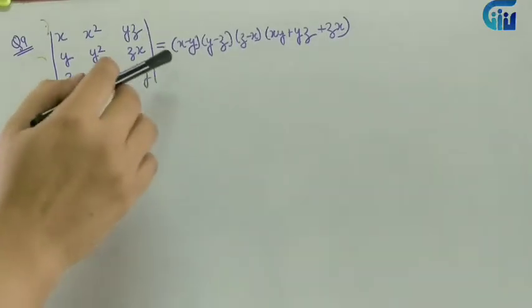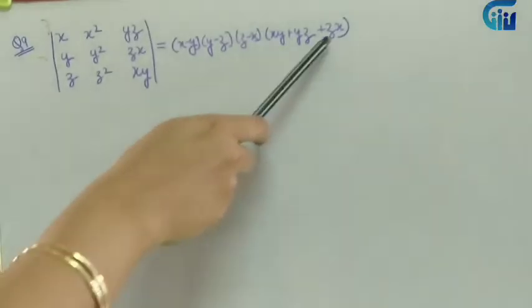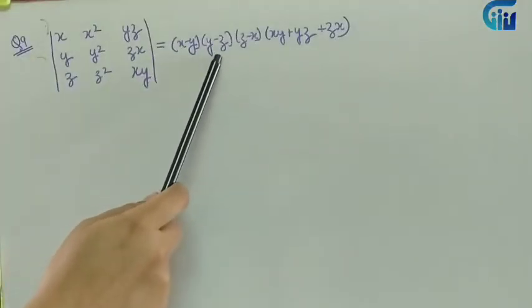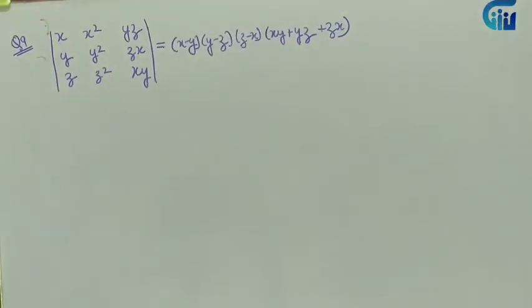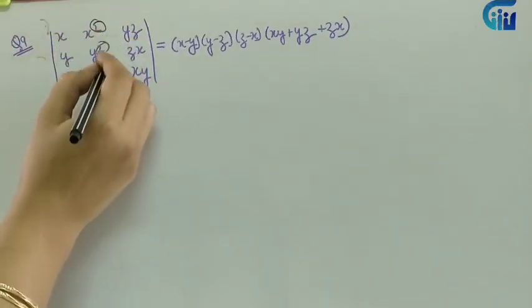Now, what I observe, if I observe the right hand side, so what is the next trick? If I observe the right hand side, what do I observe? I observe factors like x minus y, y minus z, z minus x. How will I get those factors? Now here I observe this is x square, this is y square and this is z square.